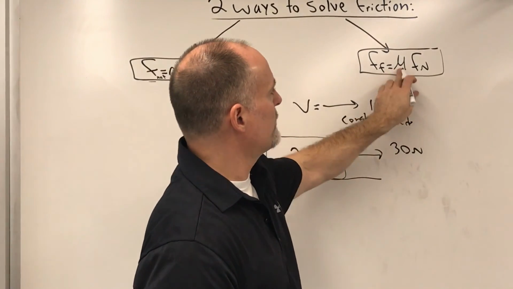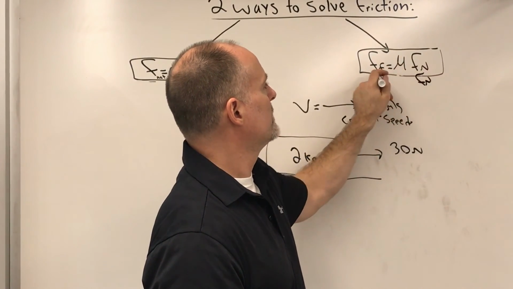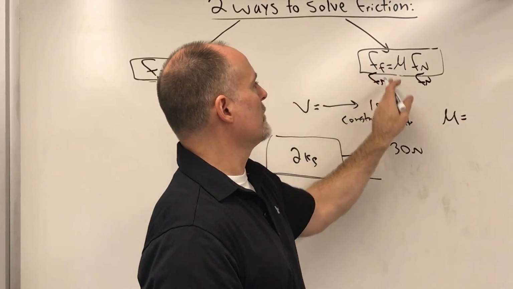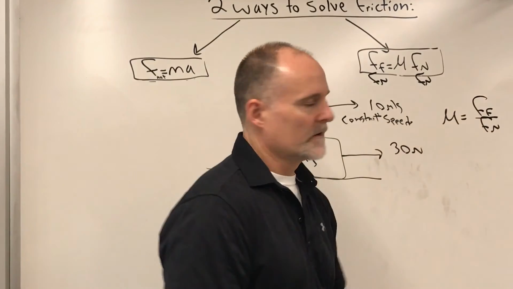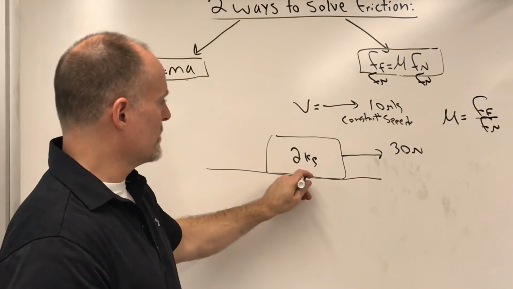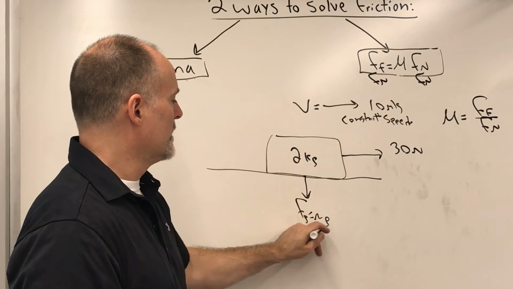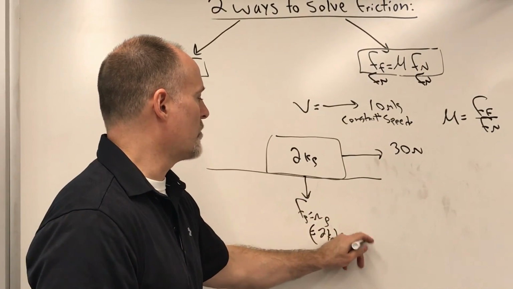Well, for the coefficient of friction, divide both sides by Fn. We know that the coefficient of friction is the frictional force divided by the normal force. Well, we can easily get the normal force. We know that the downward force is the weight, mg. We're going to take 2 kilograms times 9.81 meters per second squared.